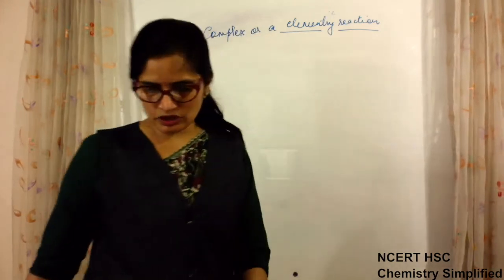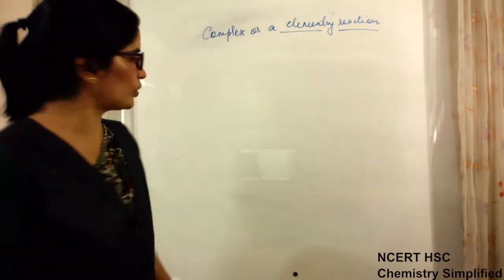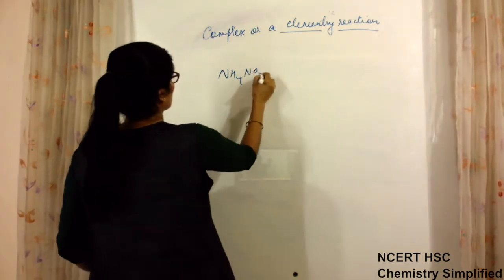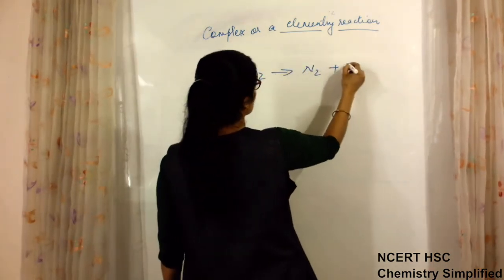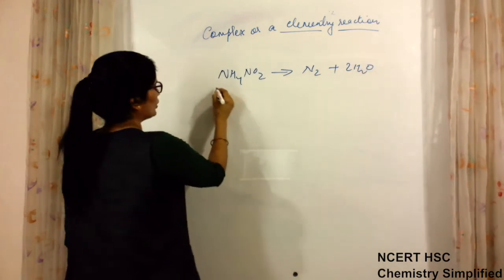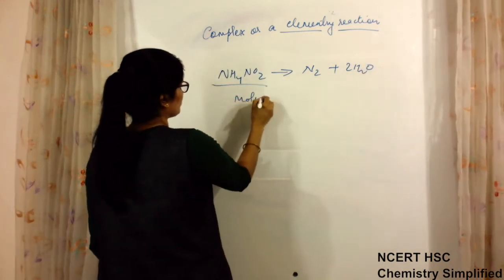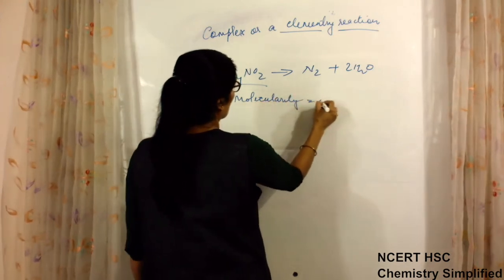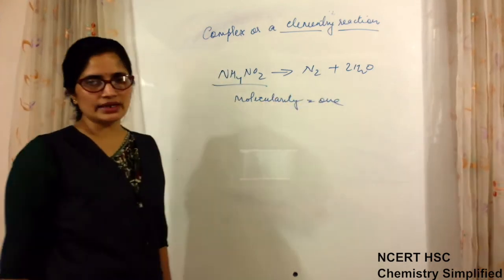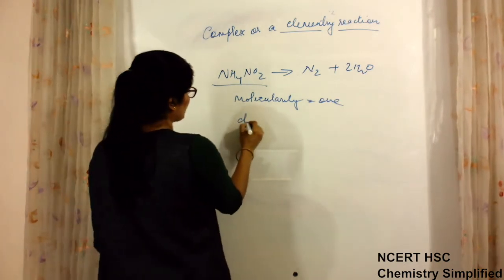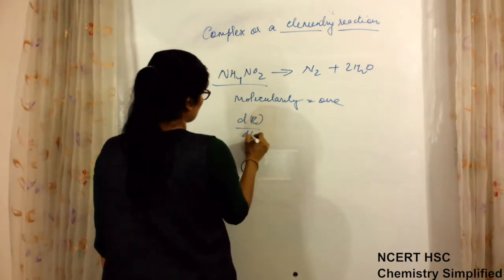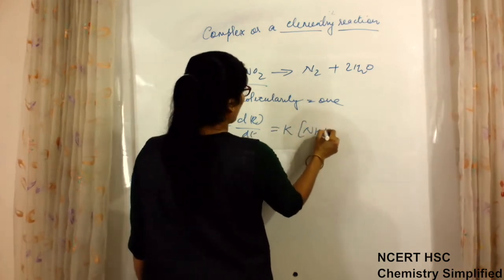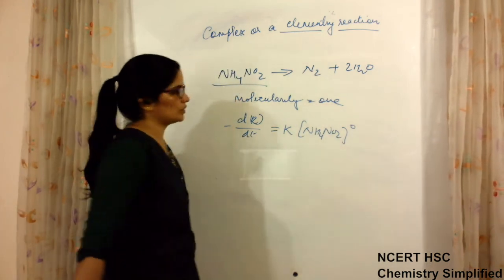Another example which we had written, NH4NO2 was giving N2 plus 2H2O. For the molecularity of this reaction, because one molecule is present, the molecularity is 1, because it is an elementary reaction. For the order of this reaction, the rate dR by dt is equal to K times NH4NO2 raised to power 0.